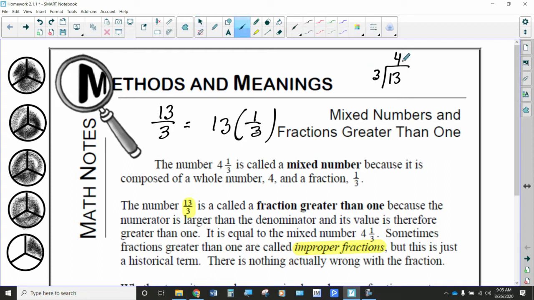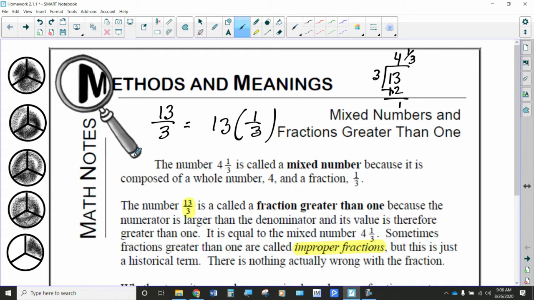You can fit 4 of them, right? 1, 2, 3, 4 groups of 3, and that made up 12 total thirds, leaving you with 1/3 left over. So to change from an improper fraction to a mixed number, you do the division process, and whatever is left over tells you the number of thirds remaining, or whatever you're dividing by. That's how many of those fractional units are remaining.